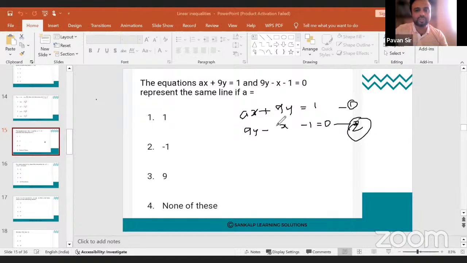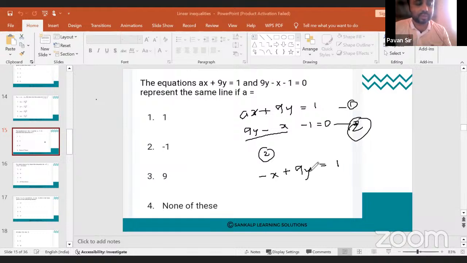So what do we get from equation 2? You can use equation number 2. What does it suggest here? That is minus x plus 9y, which is equal to 1.